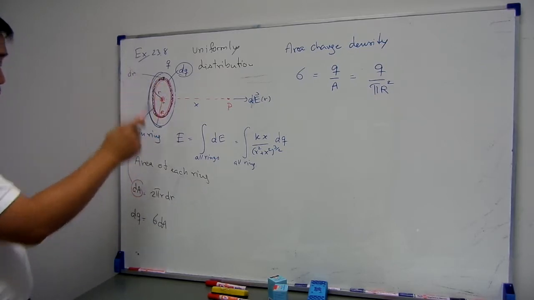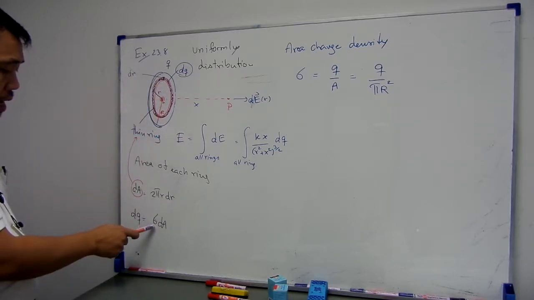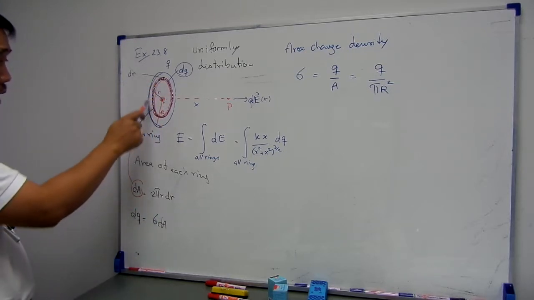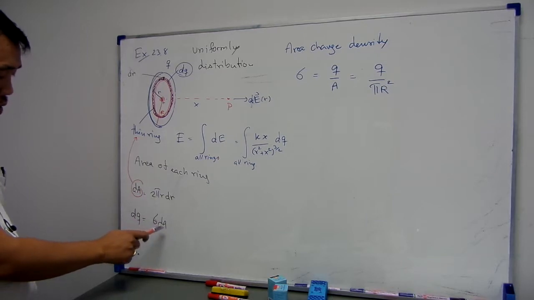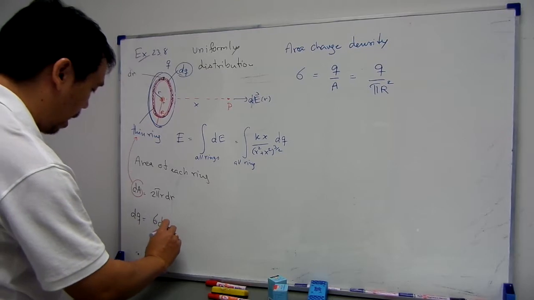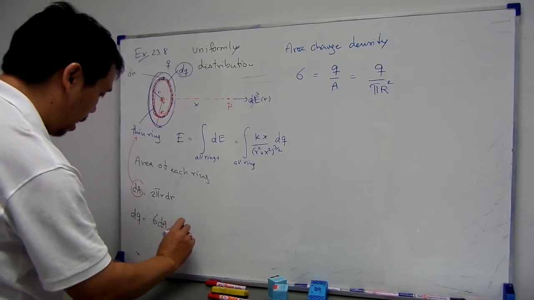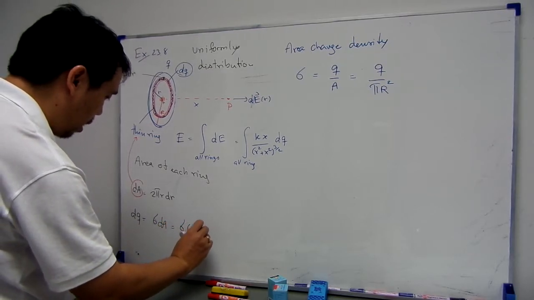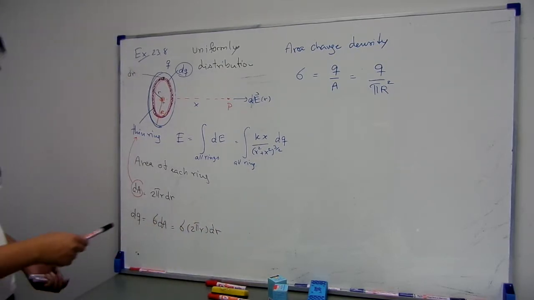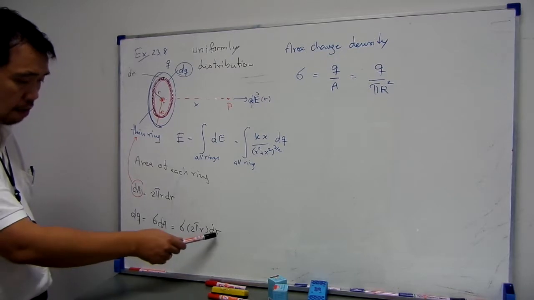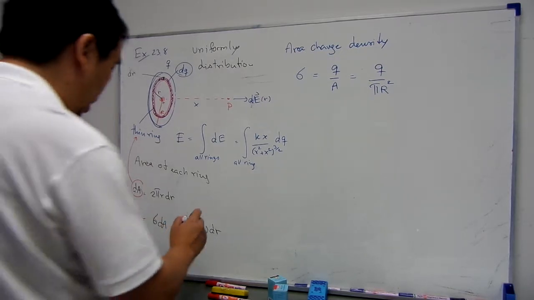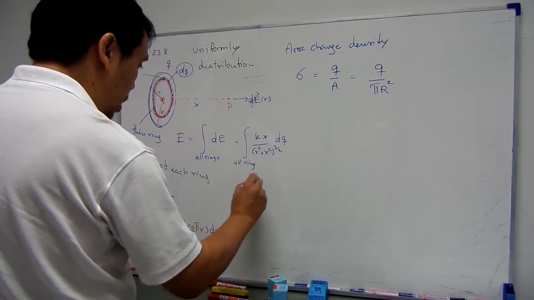So we multiply the charge per unit area by the area of this ring, and we have the charge on this ring. So dq is equal to sigma dA, which we can expand to sigma times 2 pi r dr. Now we can express dq in terms of r and dr. So we substitute this into this equation.